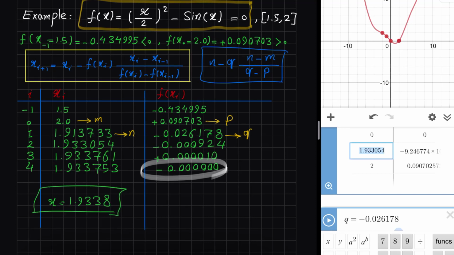So using the secant method, we obtain the root of this function through iterations, and as you see, this Desmos calculator is very helpful here, and I think that example is useful to understand the steps and procedures to obtain the root of a function using the secant method.